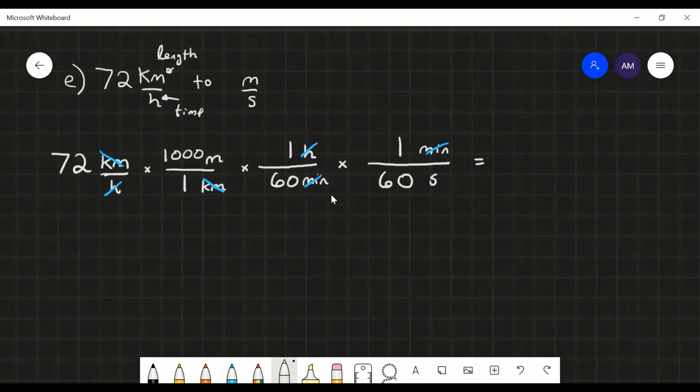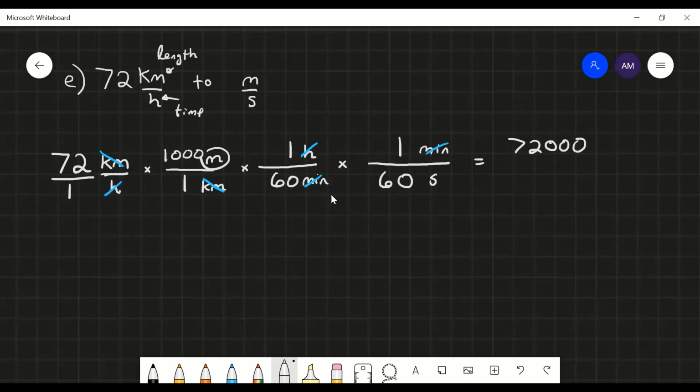The numerators multiplied together would be 72 times 1,000 times 1 times 1. And actually, I should put this over 1, just that we have everything as a fraction. But yes, so 72 times 1,000 times 1 times 1. So that would make 72,000.